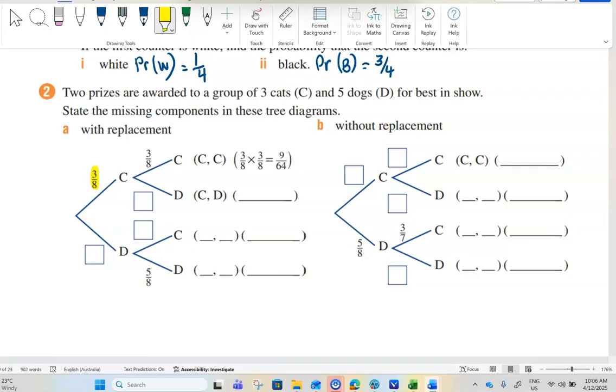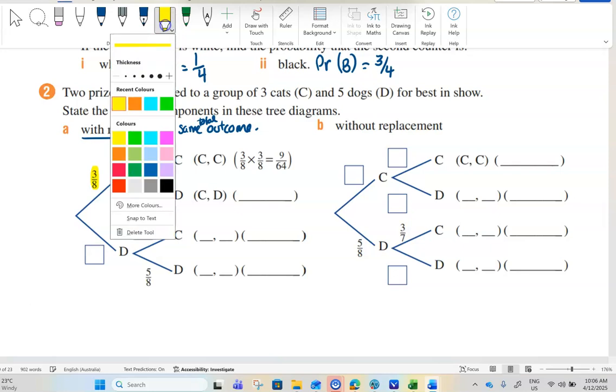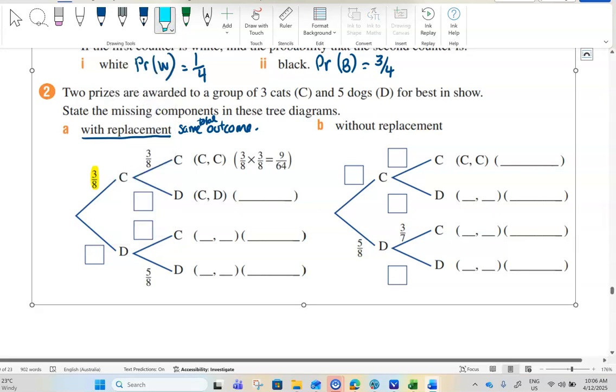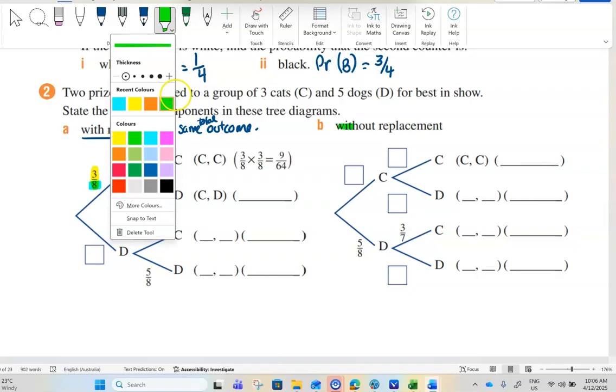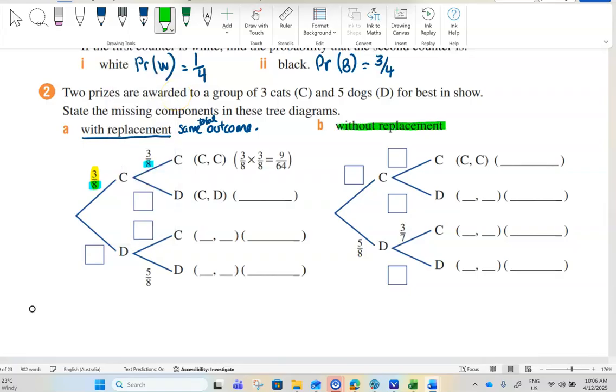A, they want to show us with replacement. So that means we've got the same total outcome. When they do replace it back, see how this is still 8 and 8. When we have without replacement, you'll see that the number changes. So we'll have a look at that in a minute.